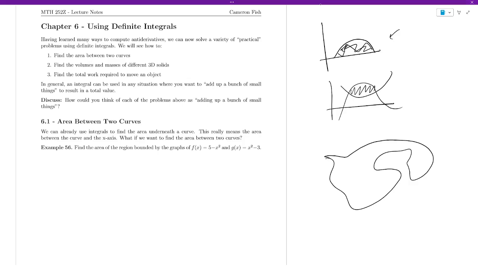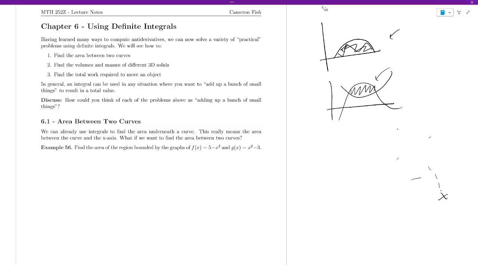This example is a little annoying the way I drew it, but imagine if I cut it right here and introduced XY axes. Suddenly I can see this as a region between two curves, a lot like this right here. And if you could write down equations for those things, then you could find areas.